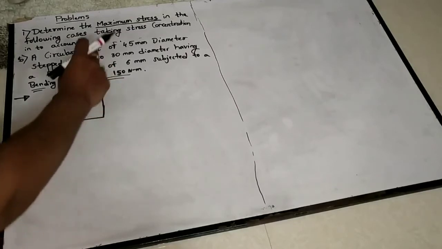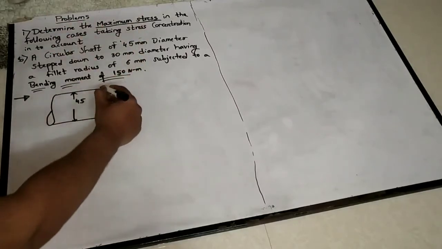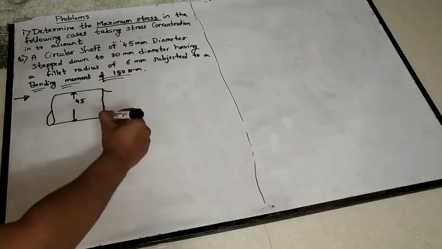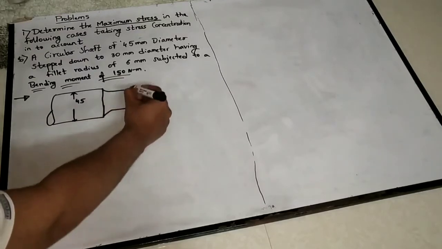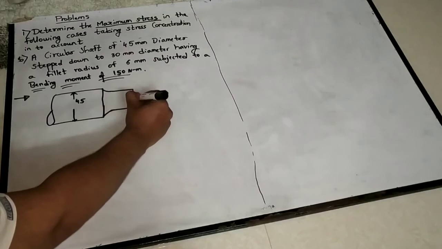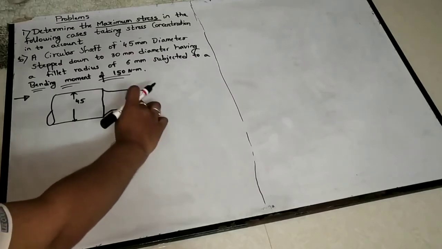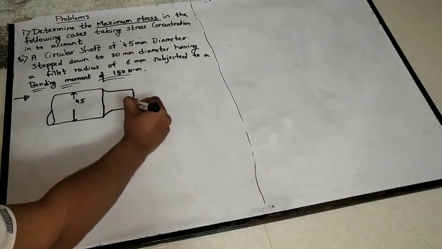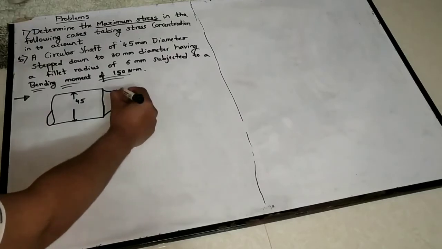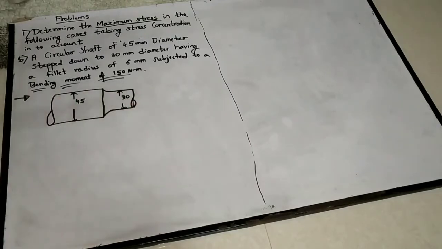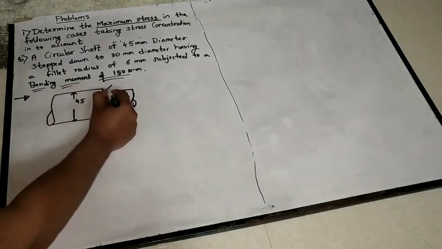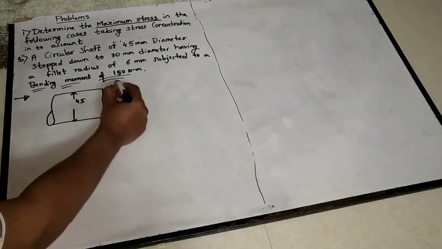Now this has been stepped down to 30 mm with the fillet radius. This is your fillet, stepped down to a new diameter. How much is that? So this is 30, correct? And this fillet radius is how much? That is 6 mm.